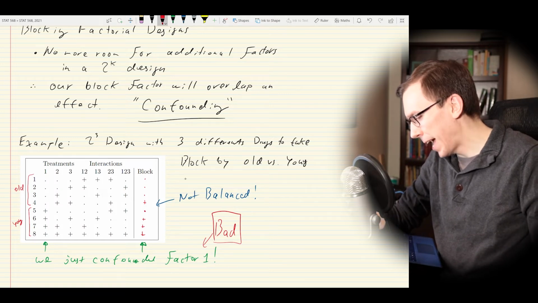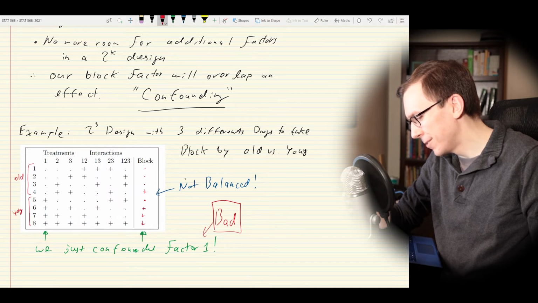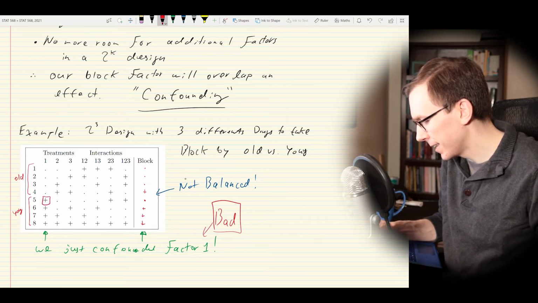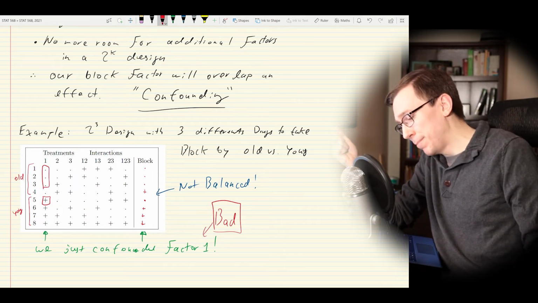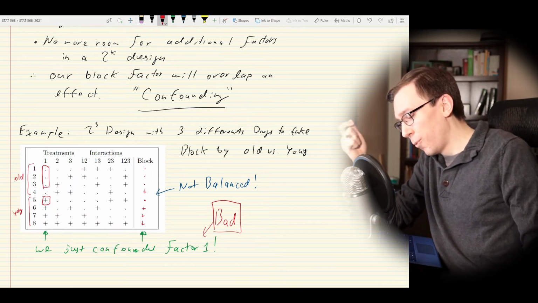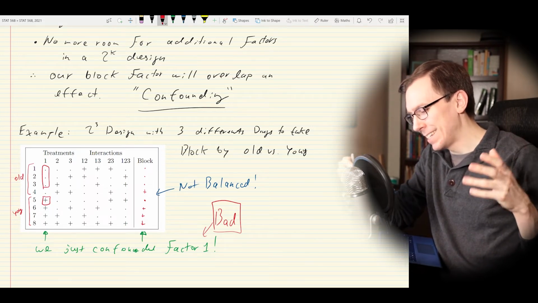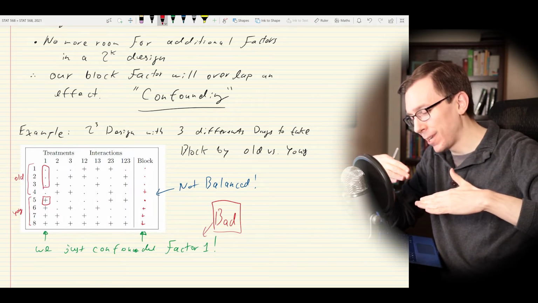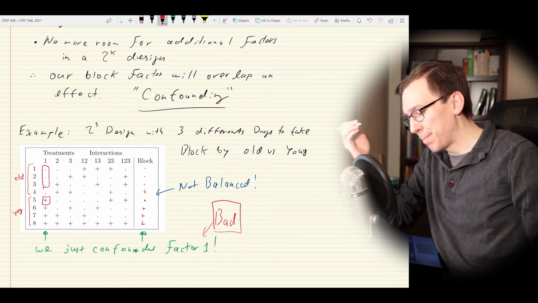In this case, we would have 3 occurrences of the minus level for treatment 1 in this block and 1 occurrence of the plus level. So this is not a balanced block, because in one of the block levels we see more of treatment 1 at the minus level, and in the other block we see more of treatment 1 at the plus level, and that's a problem because it's not balanced.